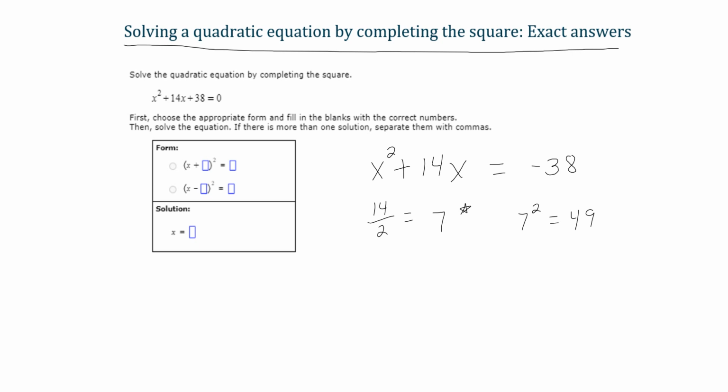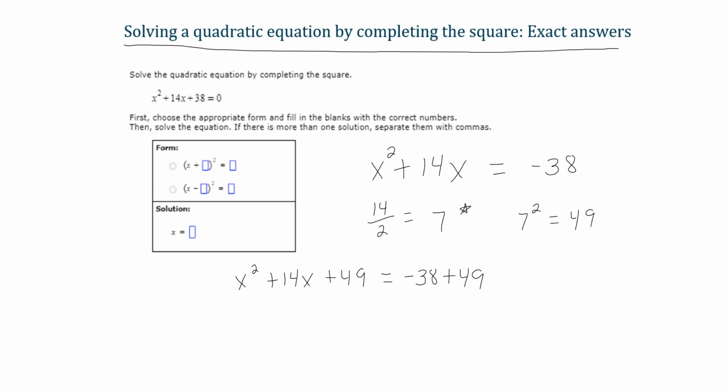So just like before, remember how 49 went in that box before? We're going to add 49 to both sides. So we're going to get x squared plus 14x plus 49 equals negative 38 plus 49.